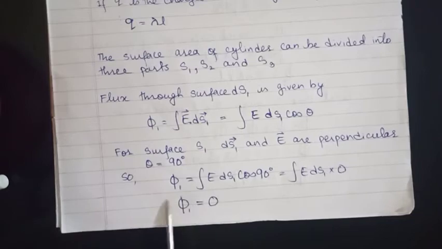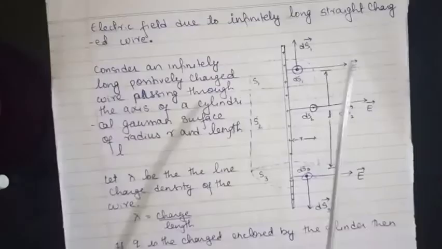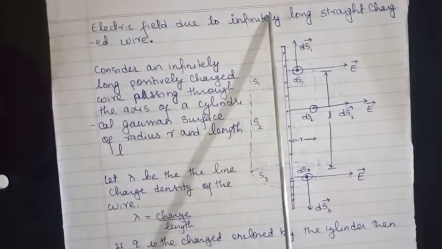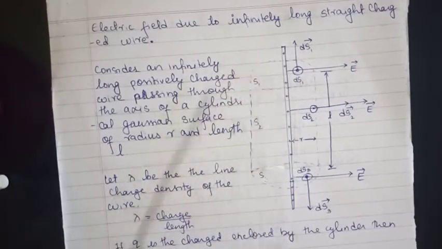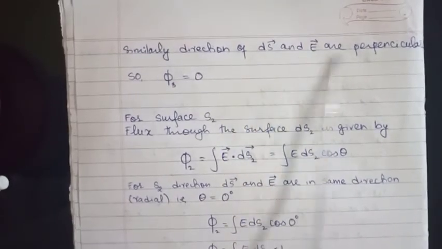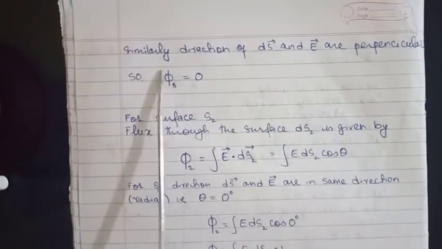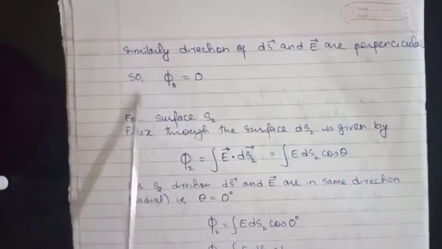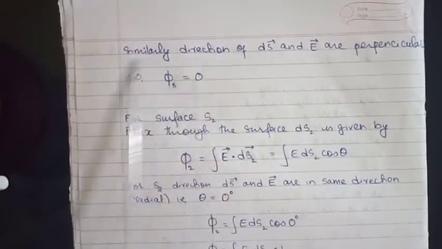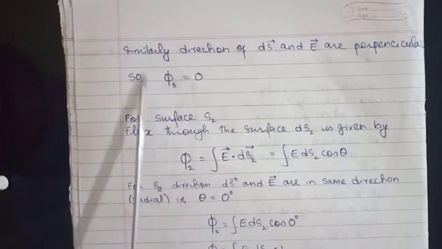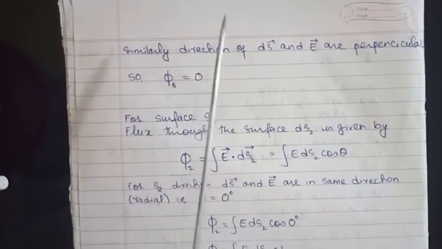So flux through the first surface is 0 because there is no electric field crossing this surface, because there is no electric field in the upward direction, so there will be no flux. Now similarly for surface S3 also, the directions of ds and E are perpendicular, so I can directly write phi 3 is equal to 0. This is for the bottom part of the cylinder, so the angle is 90 degrees and cos 90 will be 0, so I can directly write this by saying similarly as the first case.